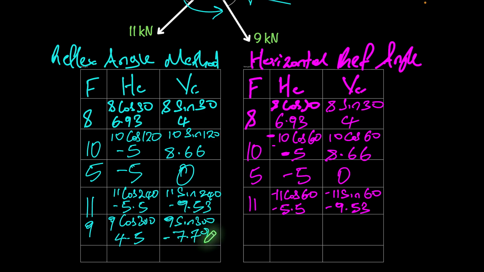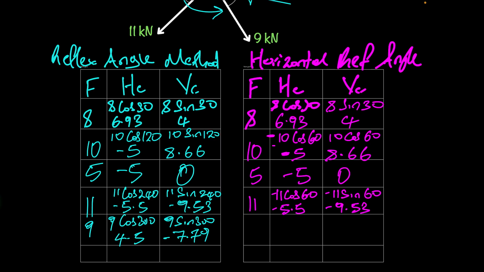And the reason why one is negative and the other is positive once again is, if the force is going downward, then our vertical component must be negative. If the force is going to the right, like this one is, so it's going in a downward direction and to the right, then the horizontal component would be positive.